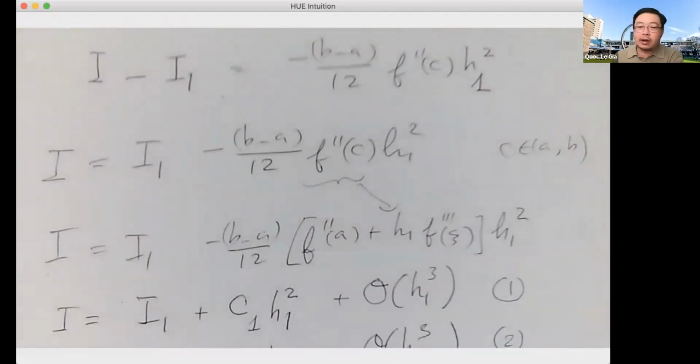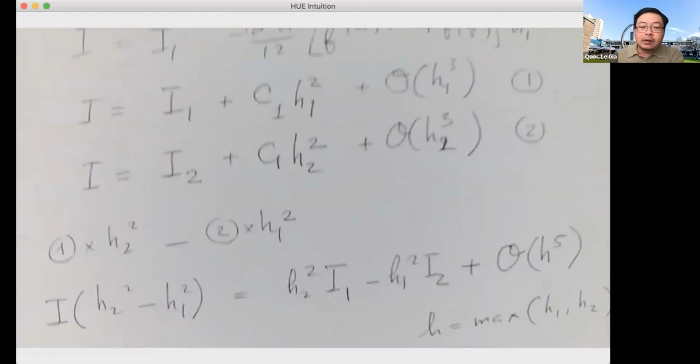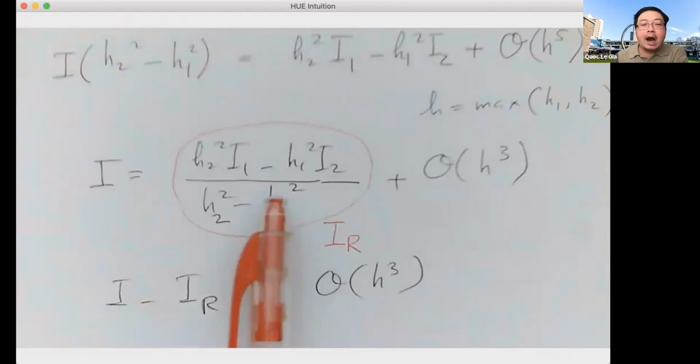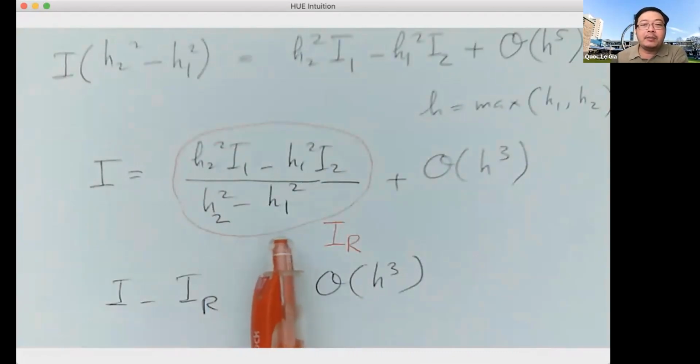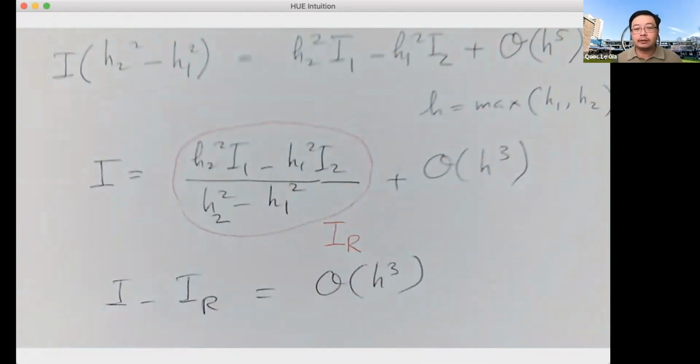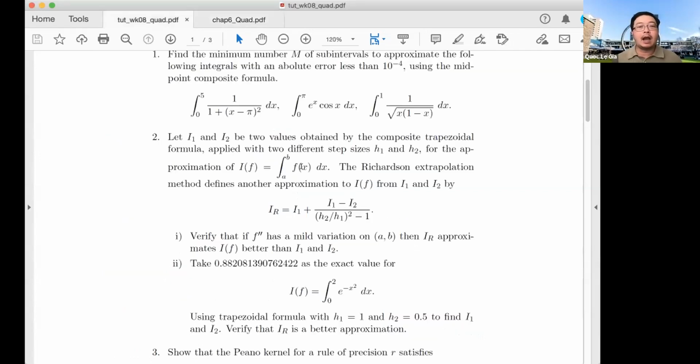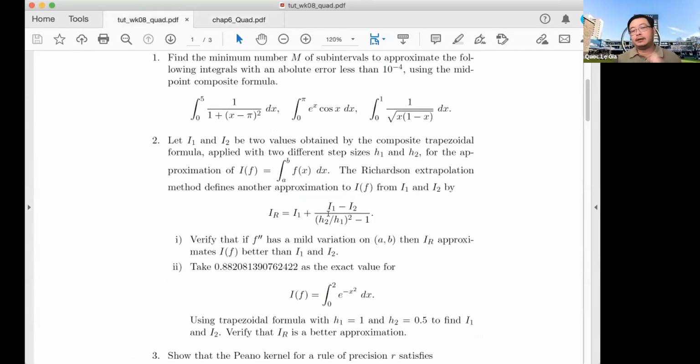Okay, so everything is okay. Now, you look at I_R and say, wait a minute, it's not exactly the same as in the question. Why do I claim that? If you look back at the question, I_R is given like this, not in the form that I wrote down.